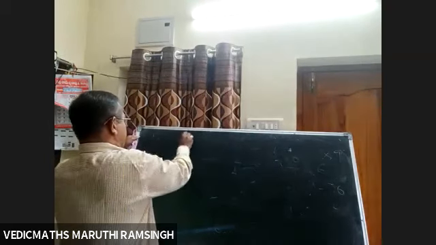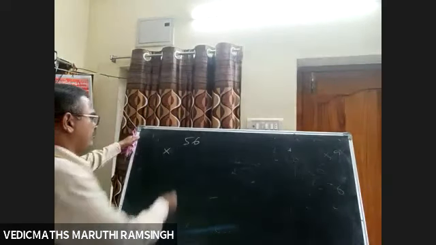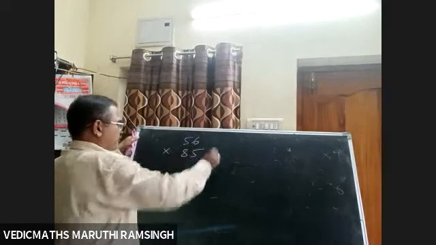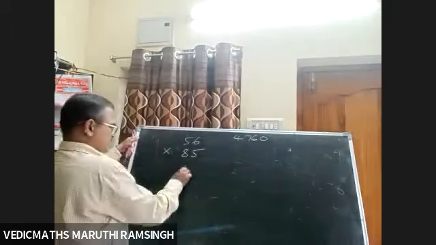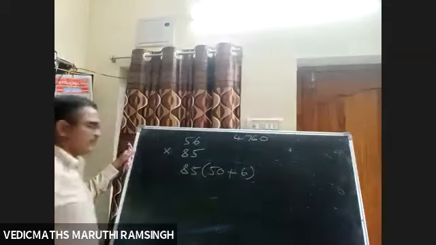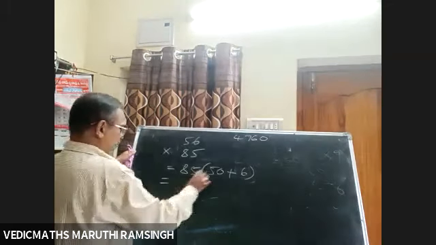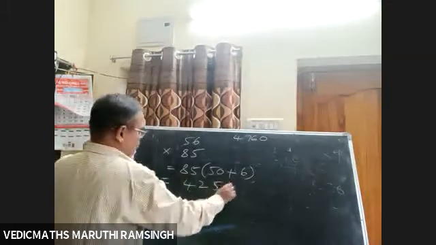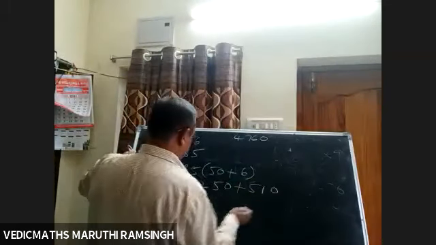Tell me any double digit number. 85. 56 into 85 is 4760. What I do is 85 into 50 plus 6. 85 into 50, 4250. 85 into 6 is 510.